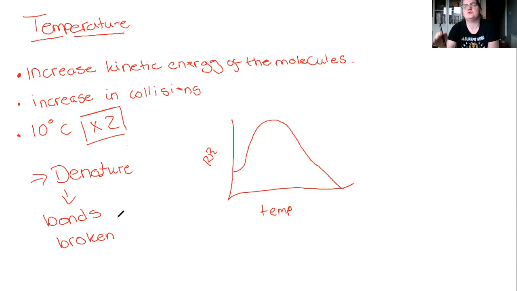Everything has slowed down, so everything's going to take longer. So our rate of reaction is decreased with a decrease in temperature, but it's not to do with denaturing. Denaturing is only when the temperature is high. So this is at high temperatures, and when I say high temperatures, I mean anything above the optimum.